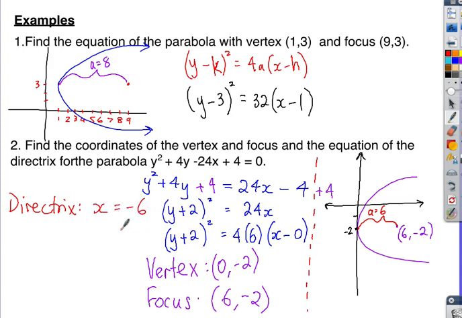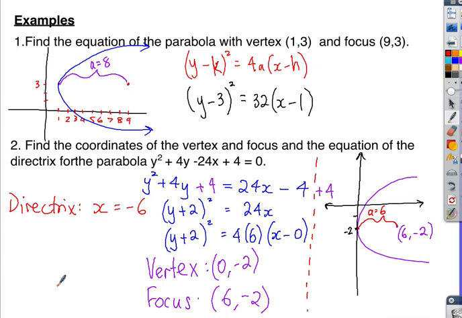Make sure you've got a letter in front of that, because sometimes the directrix is y equals. The question said find the coordinates of the vertex, focus, and the equation of the directrix. So that's parabola. That's it. We did it.